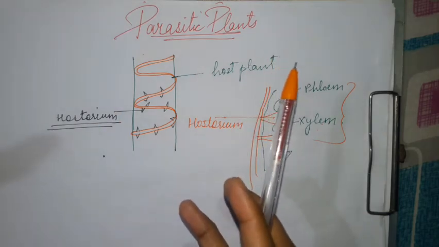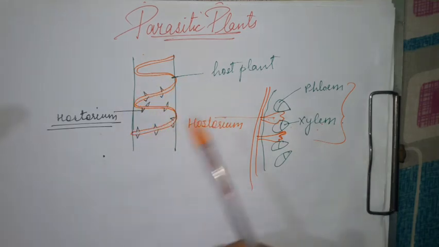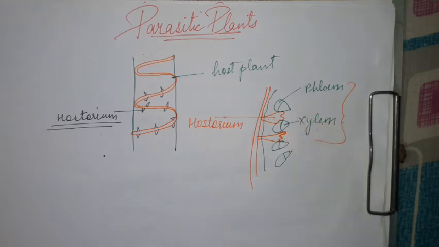The parasitic plants harm the host plants to some extent by slowing down their growth and sometimes cause heavy damage, as most of the nutrition is absorbed by these parasites. Because of that, the host plant is not getting enough nutrition to develop or to grow in a proper manner. So this was all about the parasitic plant.